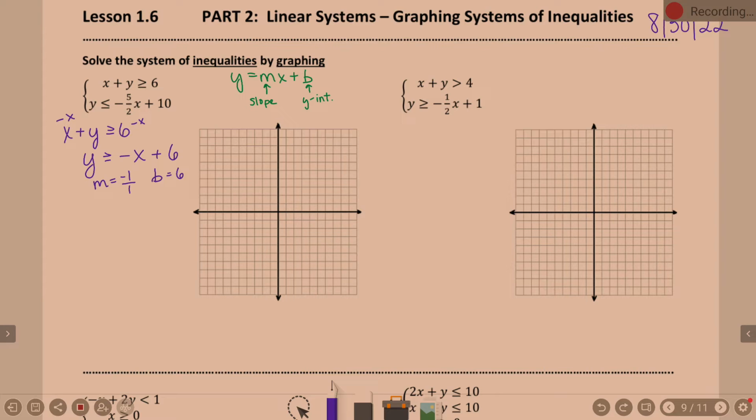I'm going to count up 6. A slope of negative 1 over 1 means I'm going to go down 1, right 1. Rise negative 1, run positive 1. So down 1, right 1.